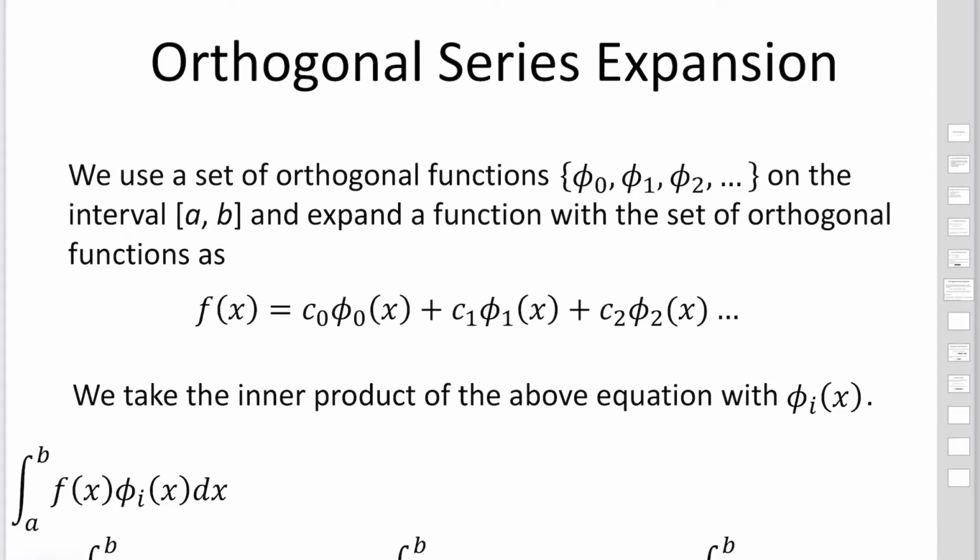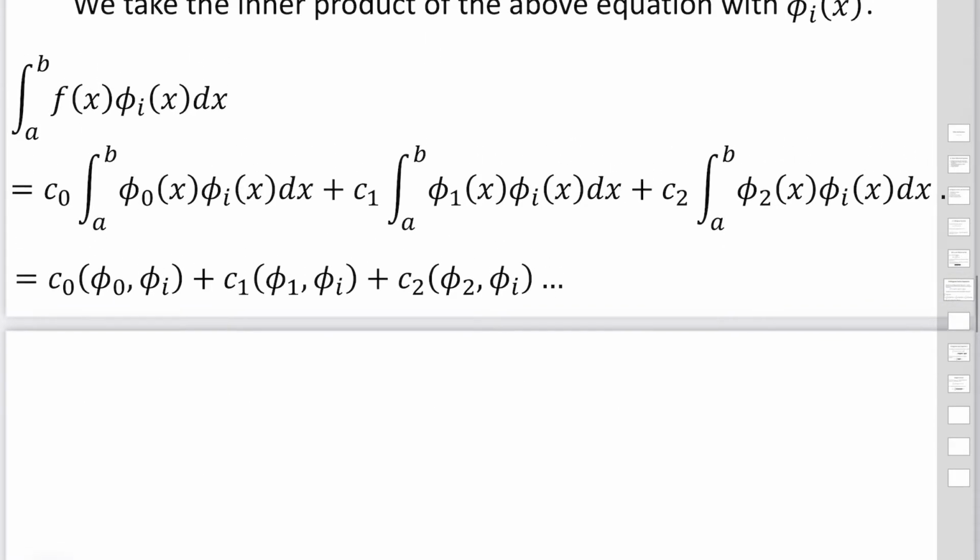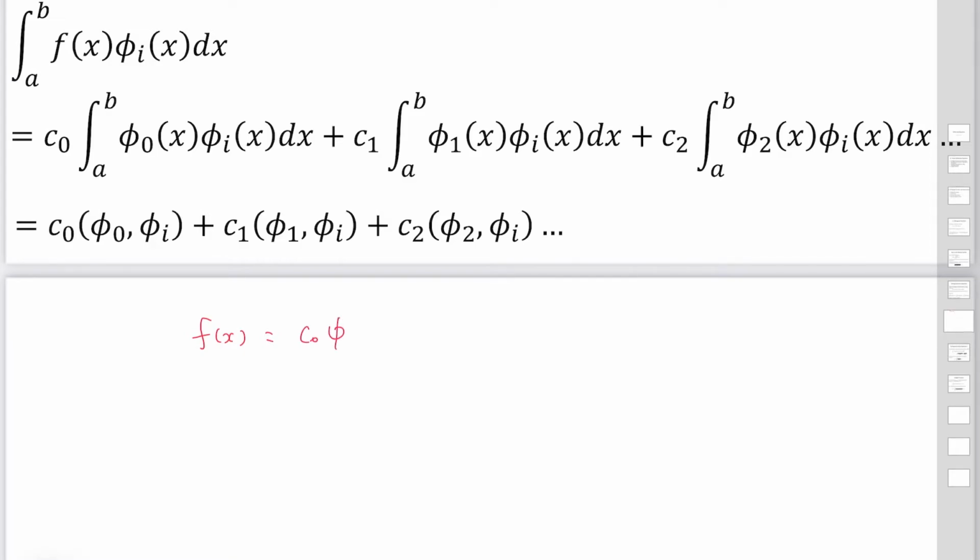We use a set of orthogonal functions phi sub 0, phi sub 1, phi sub 2 on the interval a to b and expand the function with this set: f of x is c sub 0 phi sub 0 plus c sub 1 phi sub 1 plus c sub 2 phi sub 2 plus c sub 3 phi sub 3, and in general, c sub j phi sub j, and so on.